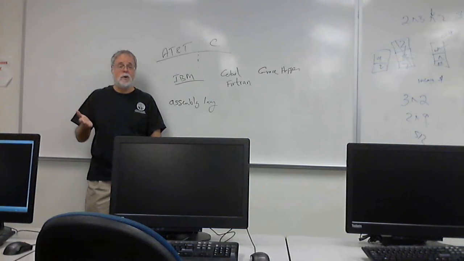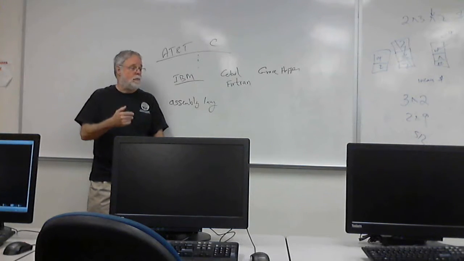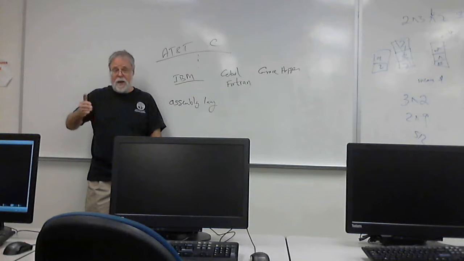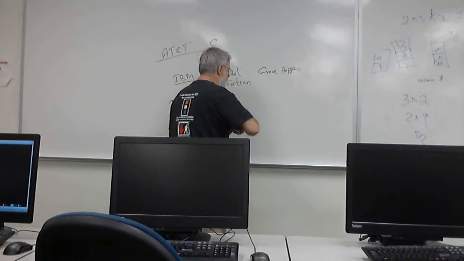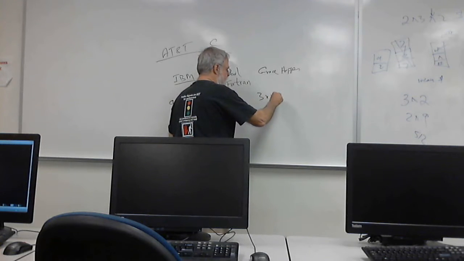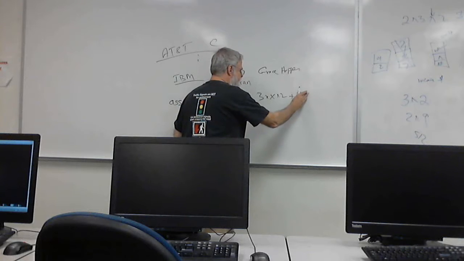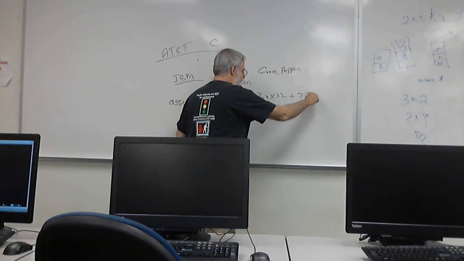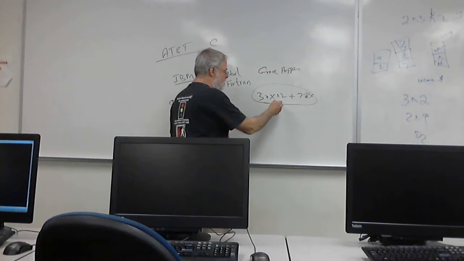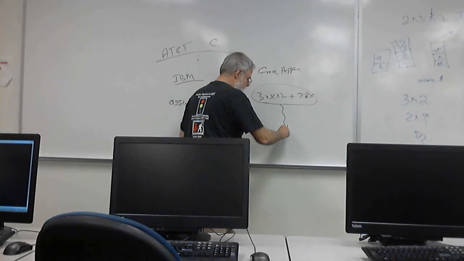They were very concerned with producing code to calculate formulas that was as efficient as possible, so they were trying to do it automatically, so that you could put in things like 3 times x squared plus 7 times x. And the code that would be produced, so this would be converted to assembly language.